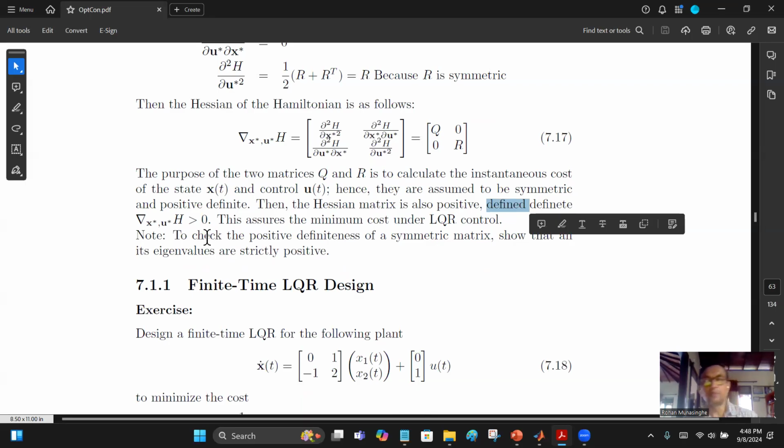So we simply say that it is greater than zero. When you say a matrix is greater than zero, it means it's positive definite. This assures the minimum cost under LQR control. So when you have the second derivative positive, you know it's minimum cost, so you have not gone to a maximum.